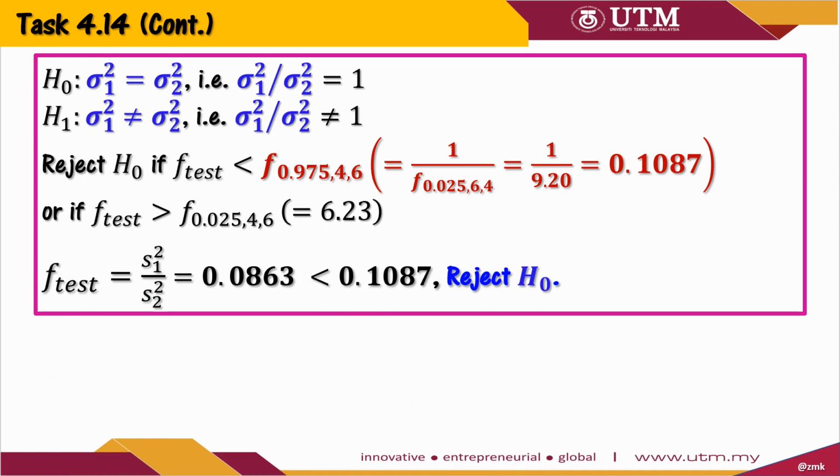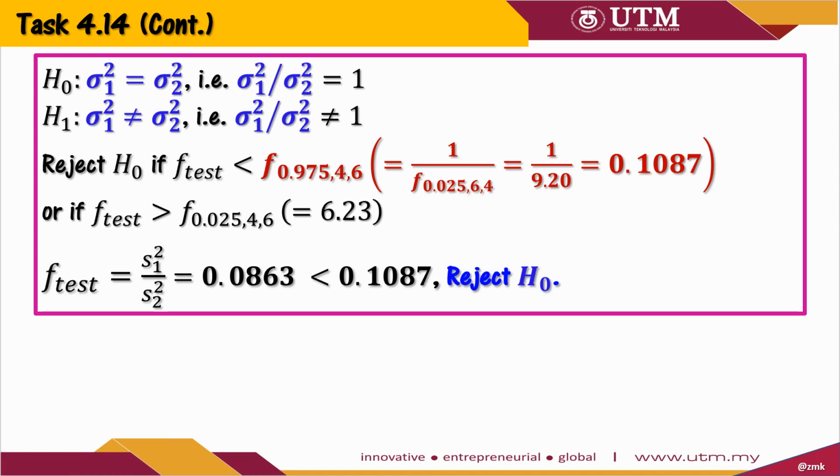You may want to check if the value of the F test is 0.0863, and if you notice, this value actually falls in the left-sided critical region since it is less than the left-sided critical value. Hence, our decision is to reject the null hypothesis H0.